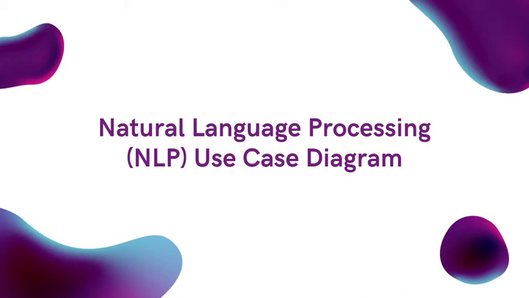It's a practical session, hands-on design, use case modeling design, and the domain that we are designing is the natural language processing domain. We are going to be documenting the NLP, which is the short form for natural language processing, in a use case diagram.